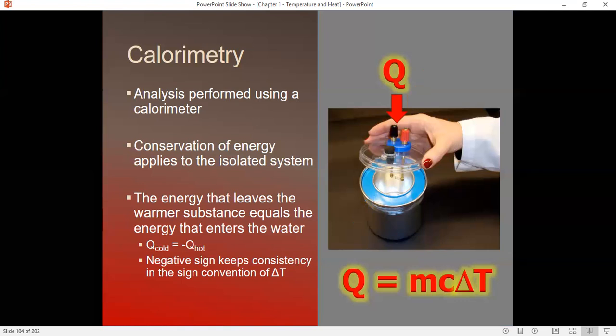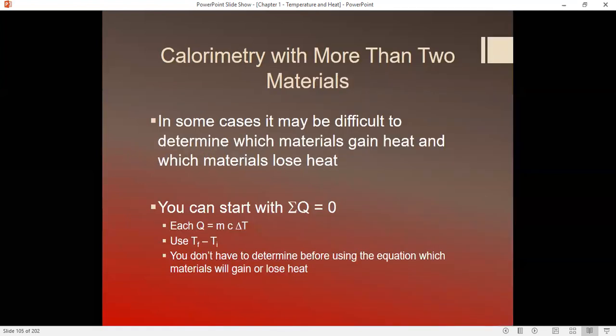Okay. Whole idea here is we want to see how much heat we need to add to a substance of some given mass to affect some temperature change and calculate the specific heat from that. Okay? The whole idea is, in most situations, the total change in thermal energy, the total heat that flows from one substance to another, is going to be 0.